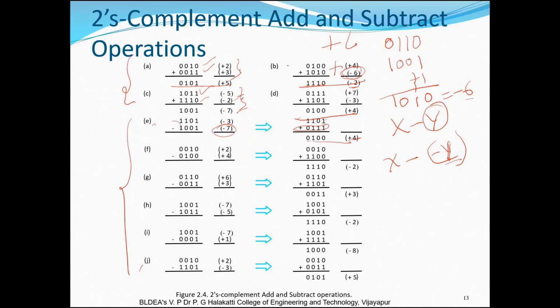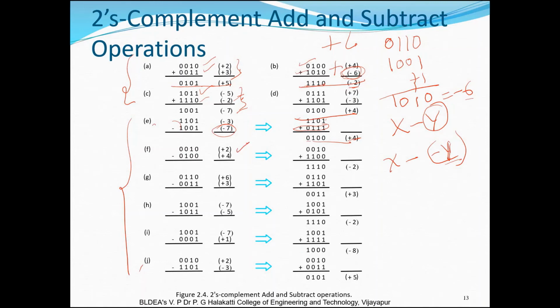Whereas if you see here, we are adding the value of 4 and the value of minus 6 as it is. Whereas here, though it is minus 7, I have to consider minus 7 and complement it again, then perform addition. This is rule number 2.